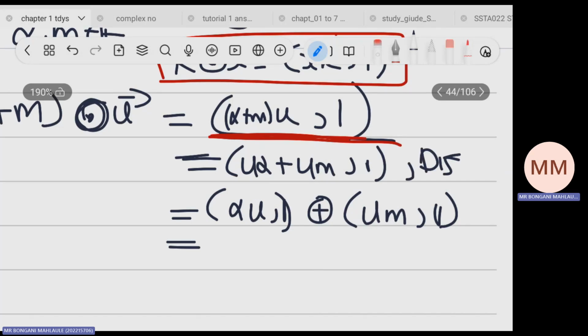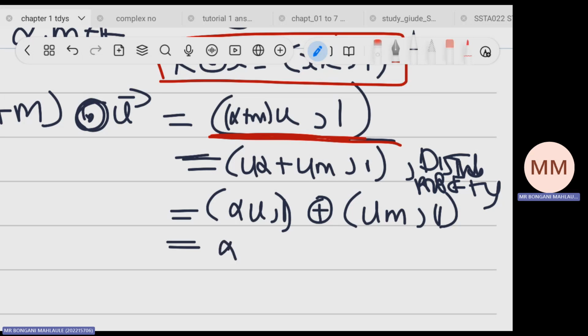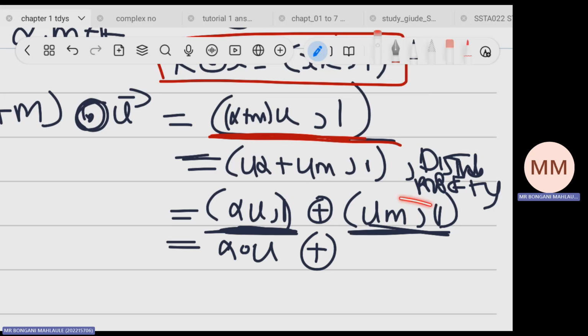You must indicate here by the distribution property. Then you can take out alpha, and then this will be the same as alpha u, and this will be the same as, by the definition, u.